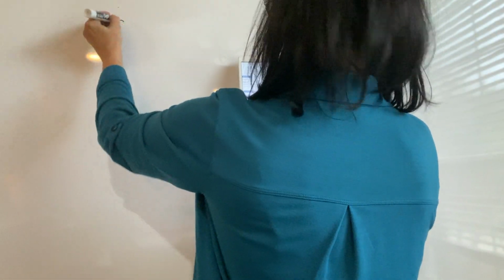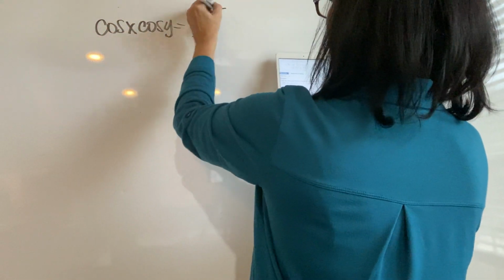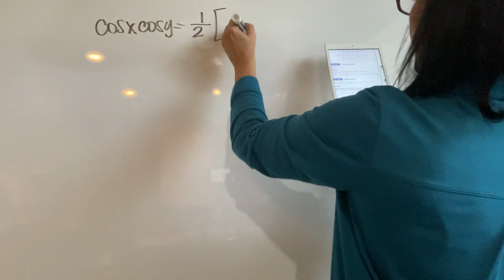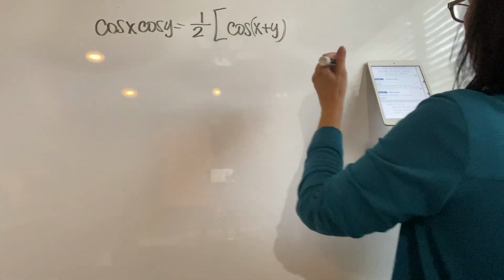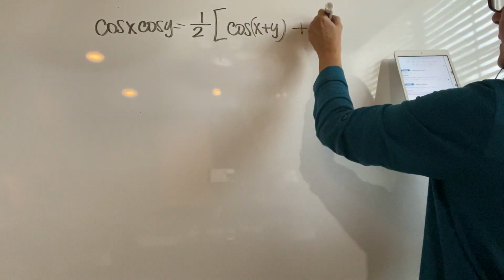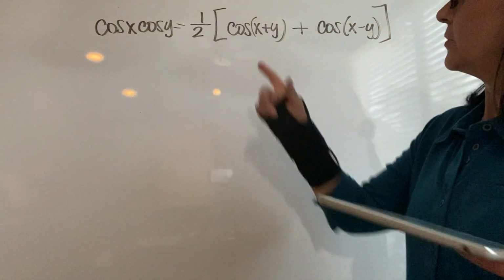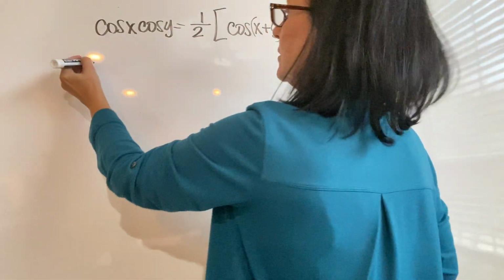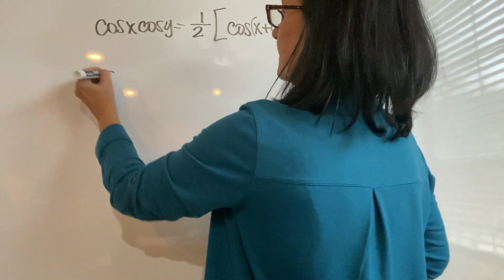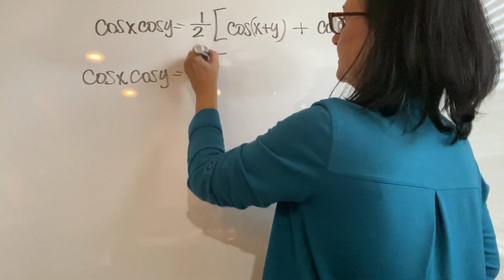I see the cosine x times the cosine y equals 1/2 times cosine x plus y, that's my sum, plus cosine x minus y, that's my difference. So I'm going to work with these two and substitute. I'm going to leave that left-hand side alone. We'll leave it cosine x times cosine y. I'm going to leave the 1/2 alone.